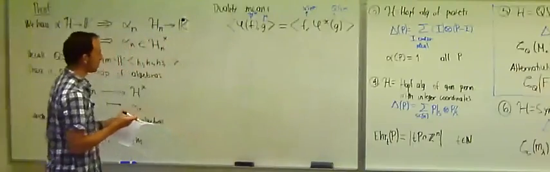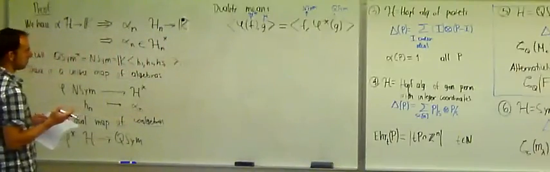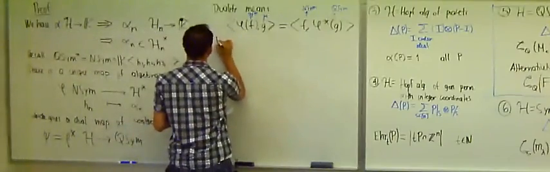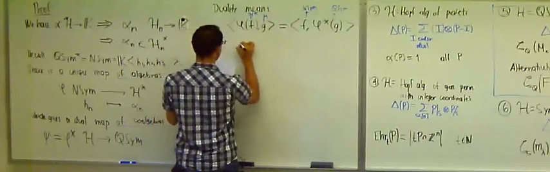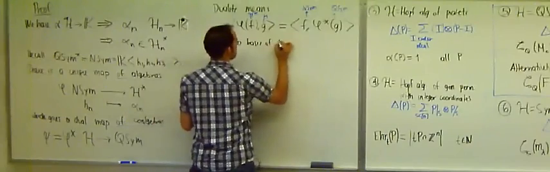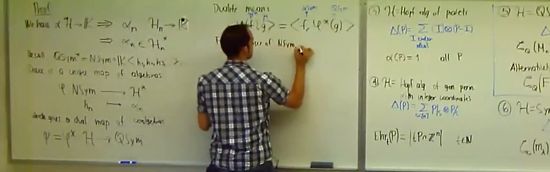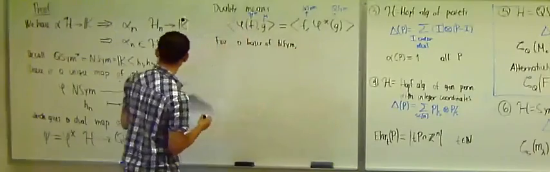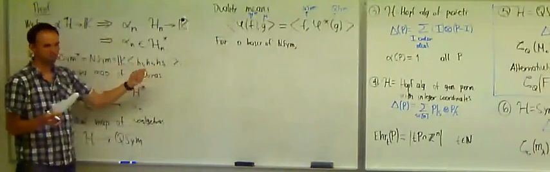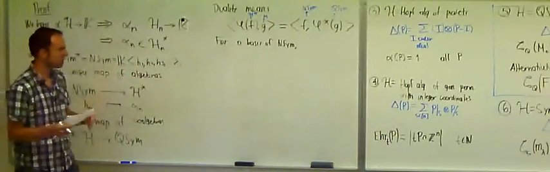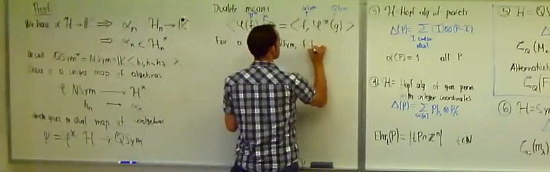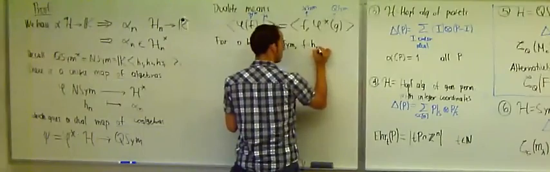Now let's see what this means for a basis of NSYM. And so what is a basis for NSYM? Well, given that NSYM is the free algebra on these things, the basis that we like is just these H alphas. HC.